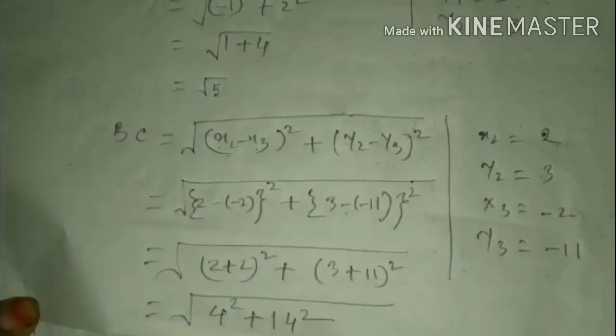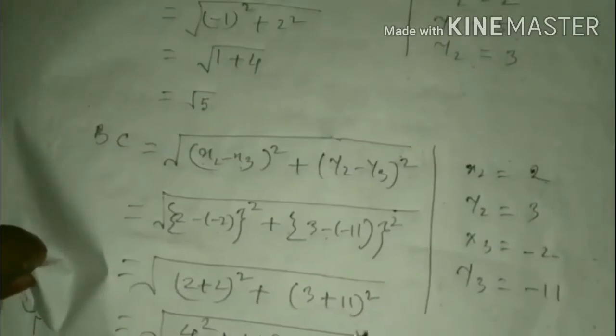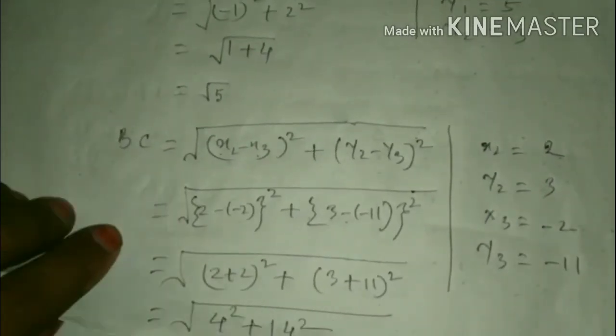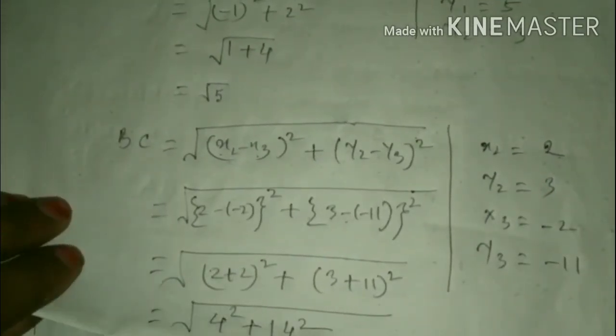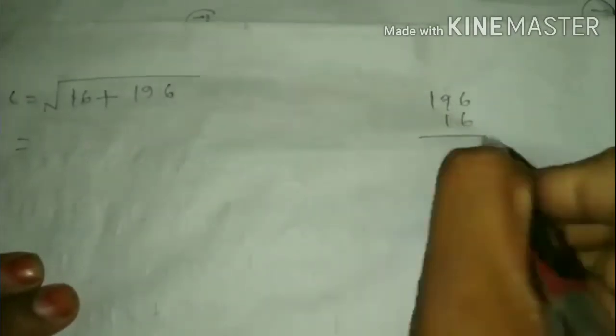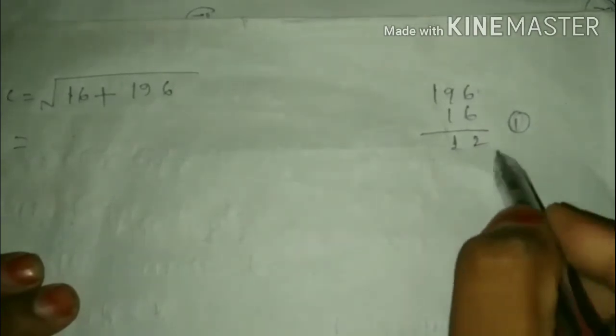Now do the sum. 4 square is 16 and 14 square is 196. So BC equals the square root of 196 plus 16, which is 212.